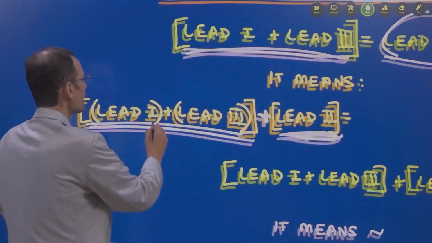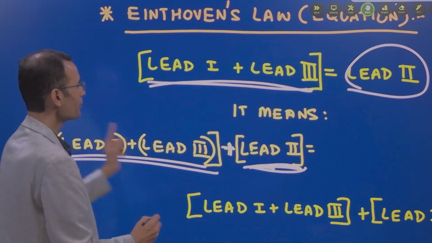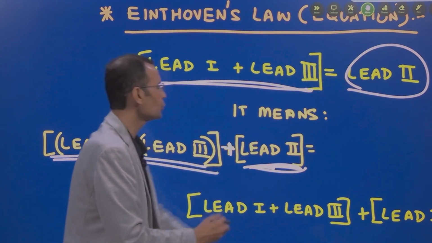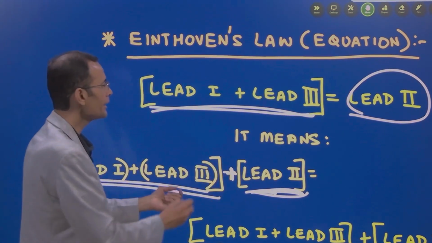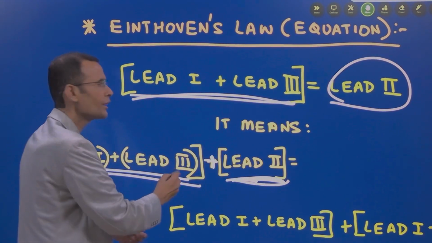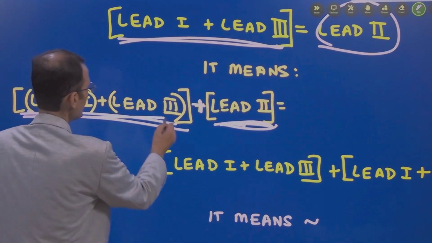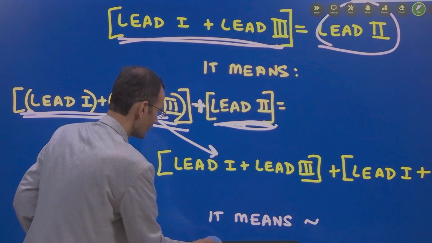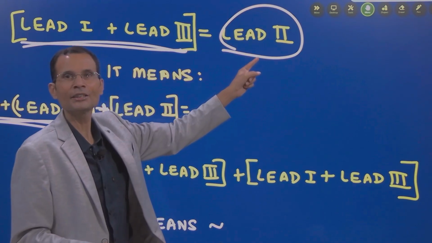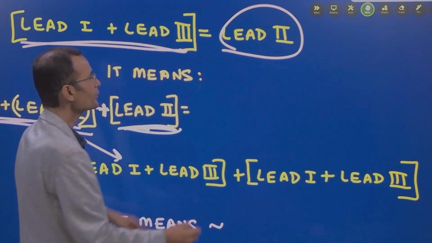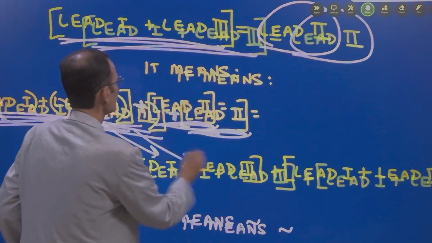Lead 1 plus 3 plus lead 2 is equal to lead 1 plus 3 plus lead 1 plus 3 again, because lead 1 plus 3 is the same as lead 2. So instead of lead 2, we are taking lead 1 and 3. They are equal, right? Check it out.